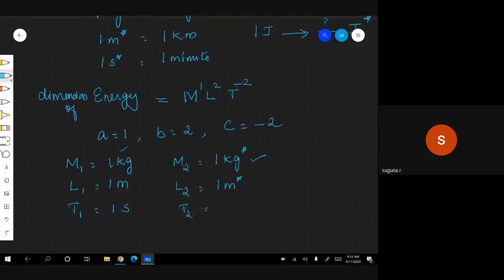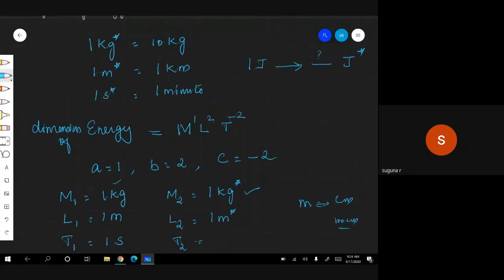See, if it is meter and centimeter, it is well known. Meter means 100 centimeter. So you know that. But here the relation is not known. That is why the data is given. 1 kilogram star is nothing but 10 kilogram. 1 meter star is equal to 1 kilometer.